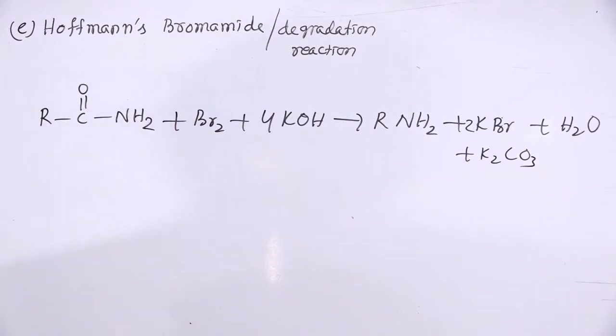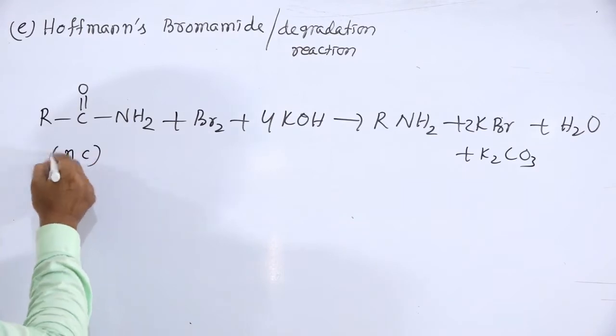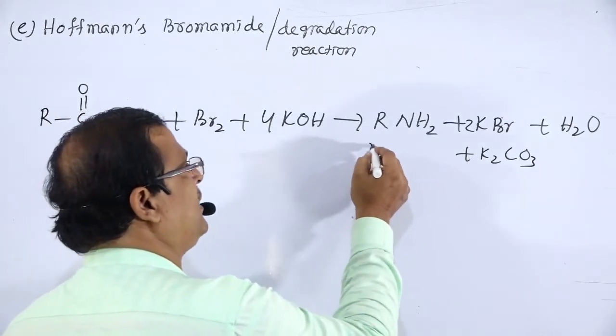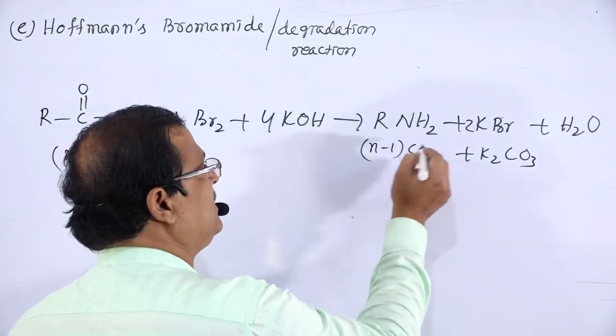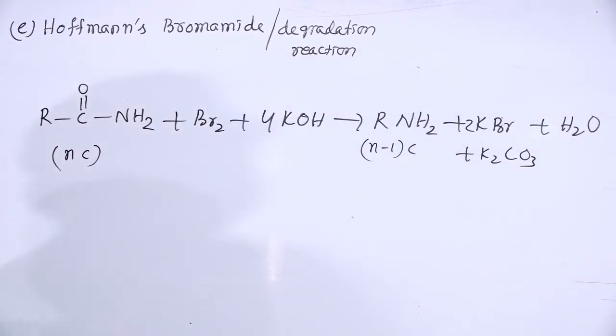In this reaction, if the amide contains n number of carbon atoms, then the amine so formed contains n minus 1 carbon atoms; the number of carbon atoms decreases by 1 unit.